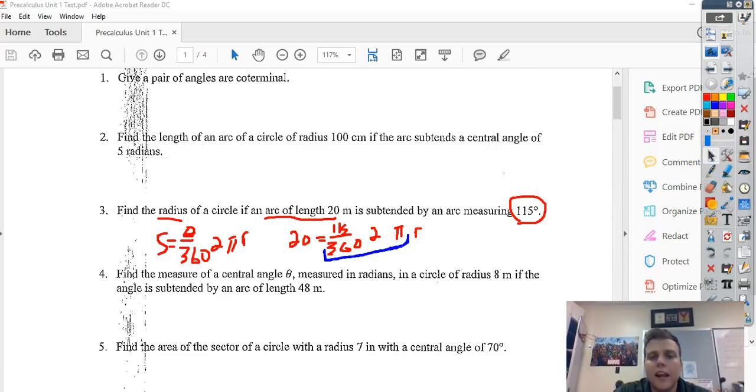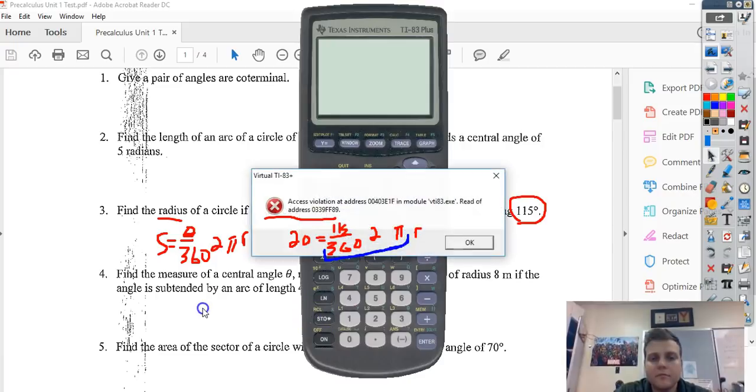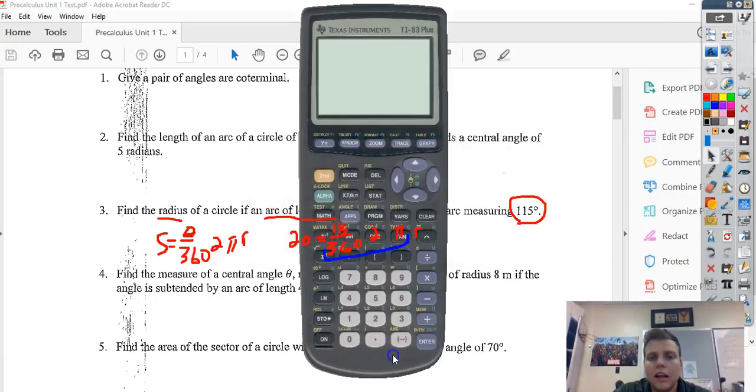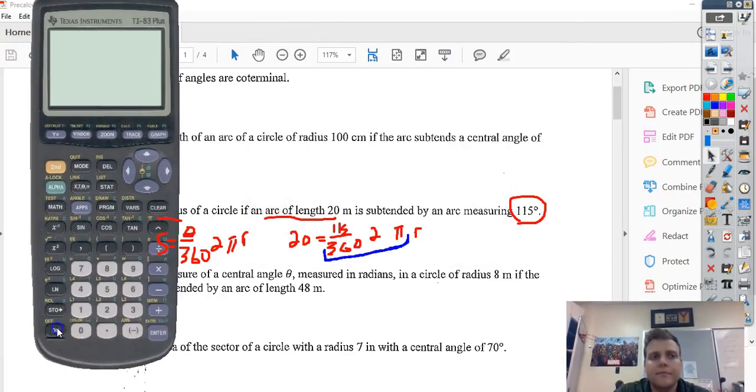So we pull up our handy-dandy calculator and we turn it on. So we say 115 divided by 360 times 2 times pi.